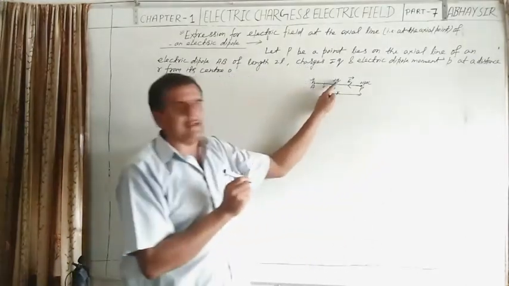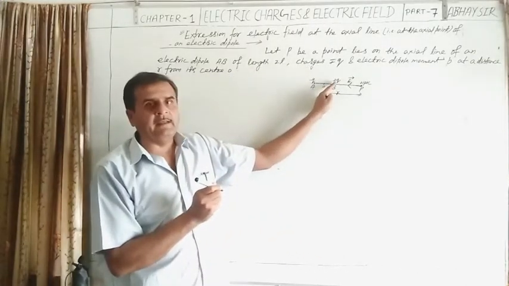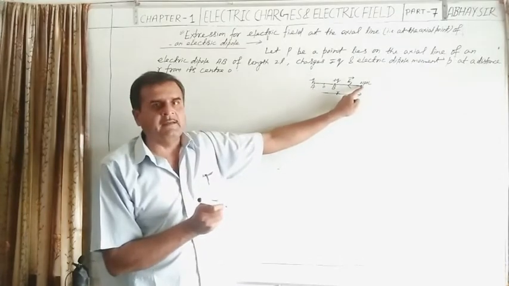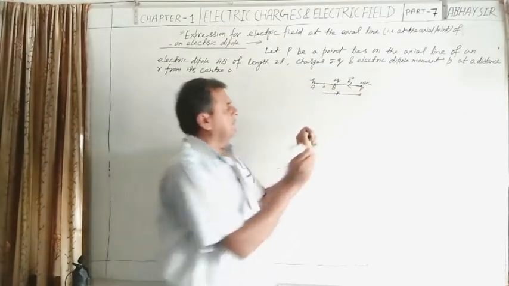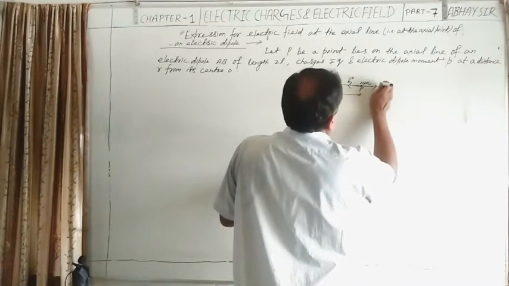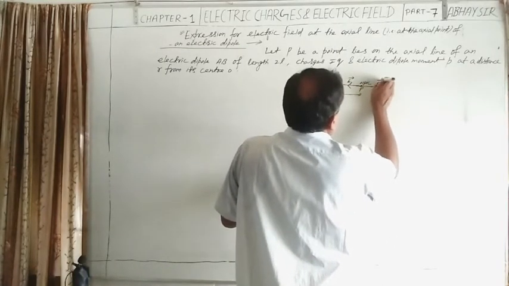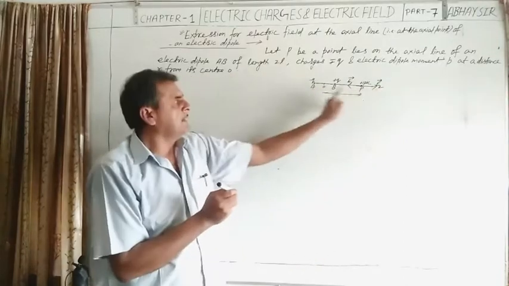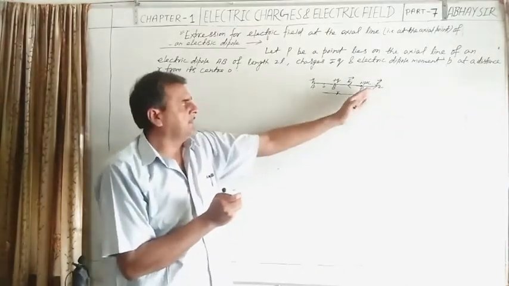And this plus Q charge placed at point B will repel the unit positive charge. This will be E2 or E plus, E vector plus.